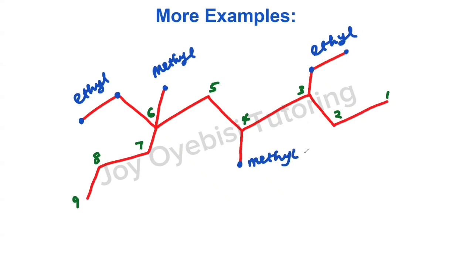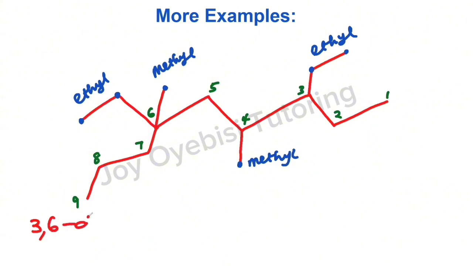now that I have named all of the substituents, assign their numbers and name them alphabetically. So we have the ethyl group on carbon 3 and 6. You see, this is still on 6, okay?